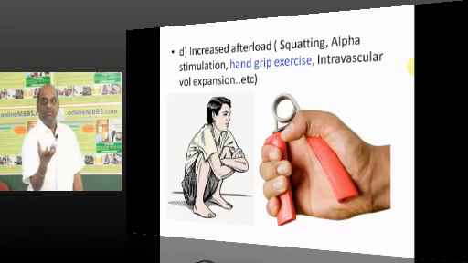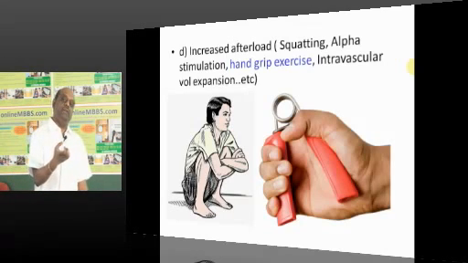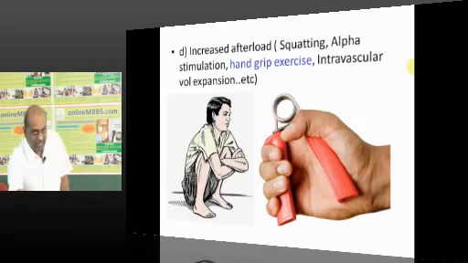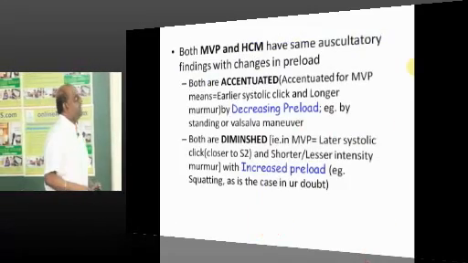Then give a hand grip exercise to Savita Devi who has the MVP. Then what will happen? Hand grip exercise will increase afterload. Even afterload will worsen the MVP. You agree with that? That's how you basically differentiate.